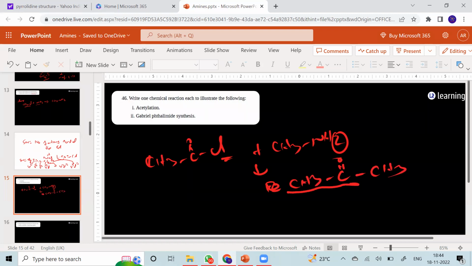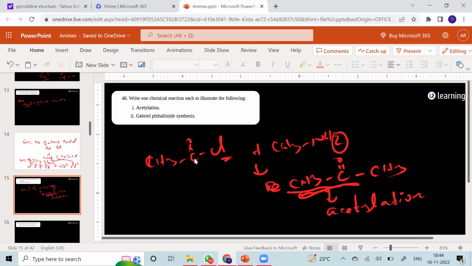So whenever you add this particular group to any kind of molecule, this is what is called your acetyl group. And if you add this acetyl group to any compound, the reaction becomes acetylation. So remember that the acetyl group is the CH3C double bond O group. When you add the acetyl group to any compound, like in the case of CH3NH2, the entire reaction becomes acetylation.